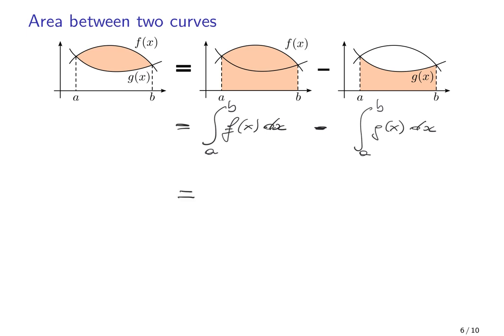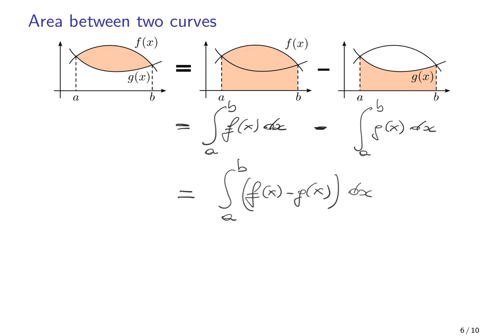Now you can make things a little bit easier on yourself. This isn't just two integrals to calculate, because they're both from a to b. You can write this as one single integral, a to b of f of x minus g of x dx. So in practice, what you're going to do is take the difference of f minus g and integrate that from a to b.